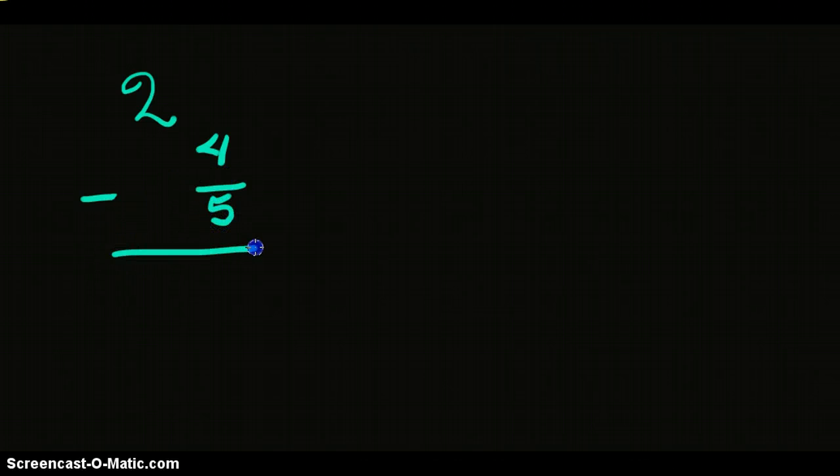But when I first learned it, I wondered what would happen with a fraction that looked like this. 2 minus 4/5. You know how those are. You have to borrow from the 2 and get 5/5, and then you subtract. Well, watch what I do with the multiplication method.